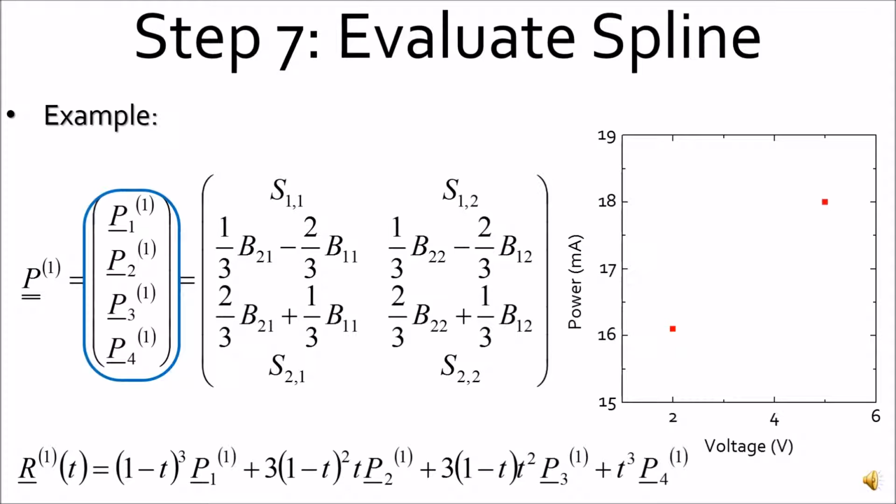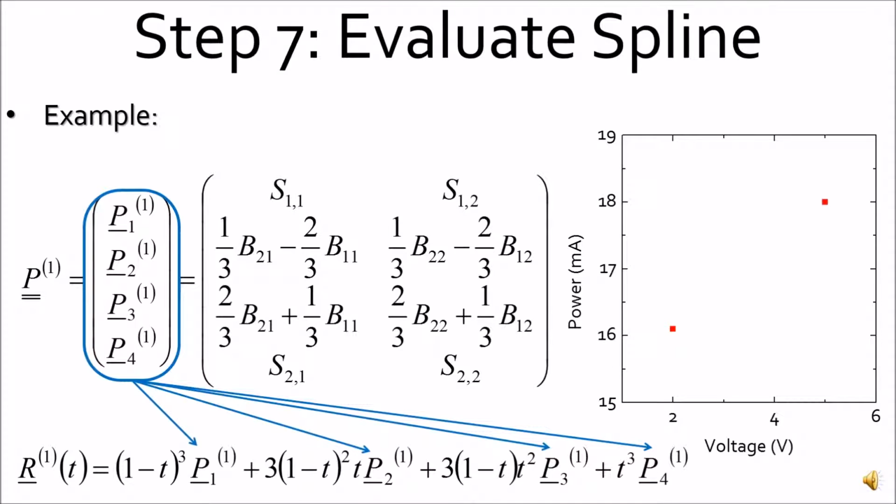So like I said, you put in the value of t, and you'll get out some coordinate which lies on the spline between these two data points. So let's go through and do that. And as I said before, each of the positions that you've evaluated through a spline, we mix together to produce some coordinate which is a mixture of all 4 of these points.